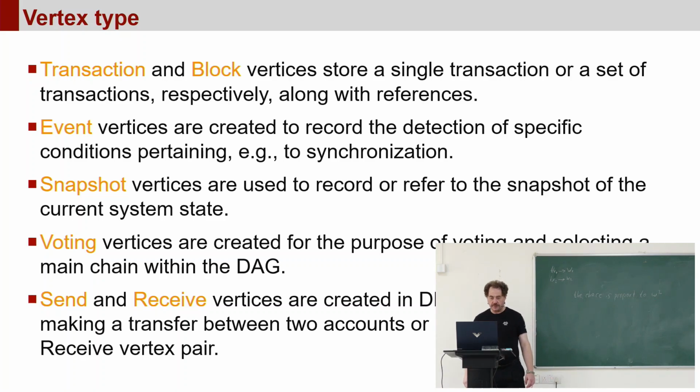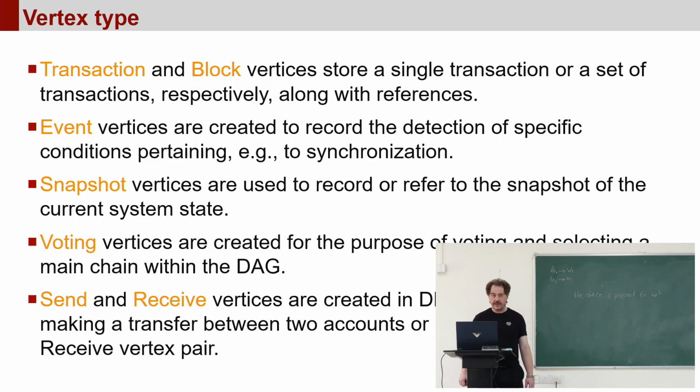Regarding the vertex type, some DAG-based systems maintain transaction and block vertices, which store a single transaction or a set of transactions respectively, along with the references. Other systems build event vertices to record the detection of specific conditions pertaining, for example, to synchronization.